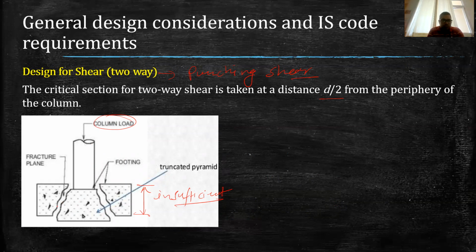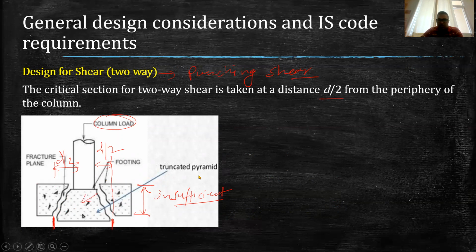The first crack occurs because of the punching. The first crack is occurring at this point and at this point, which is at a distance of d by 2. Similarly, this also is at d by 2. And because punching is occurring, this cone is known as a truncated cone.